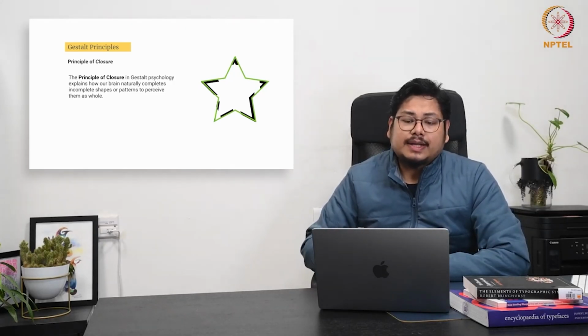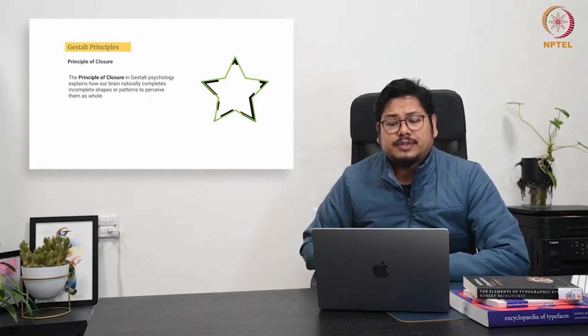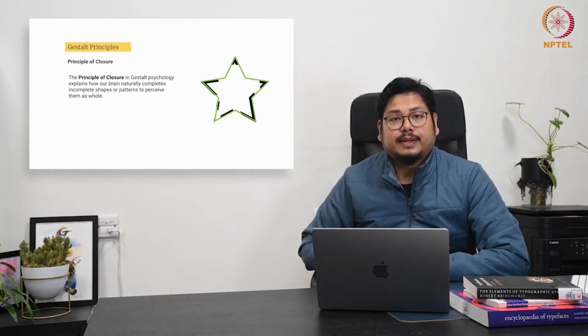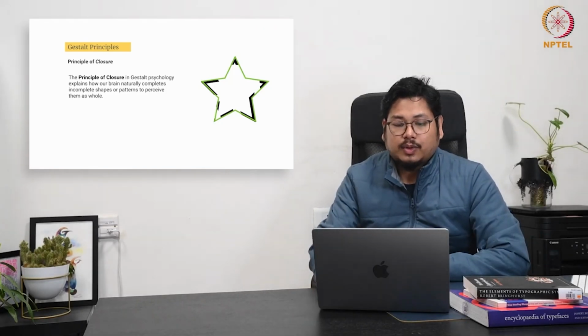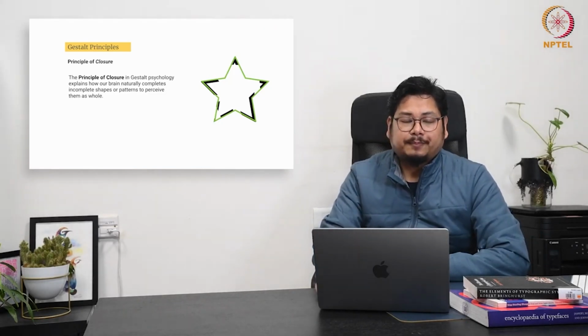And this is a very good example where I would say most of you have already figured out that although the elements in the fragmented state are not a complete star, your brain has already created that meaning and it's complete in that way. So this is what closure talks about.